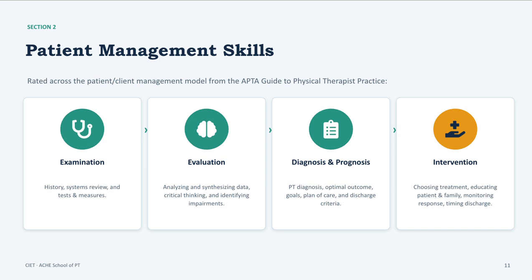Diagnosis and prognosis include determining the physical therapy diagnosis, the optimal level for improvement, specific goals, the plan of care, and criteria for discharge. Intervention includes choosing and applying appropriate treatment, providing patient and family education, monitoring responsiveness, and recognizing when discharge is appropriate.